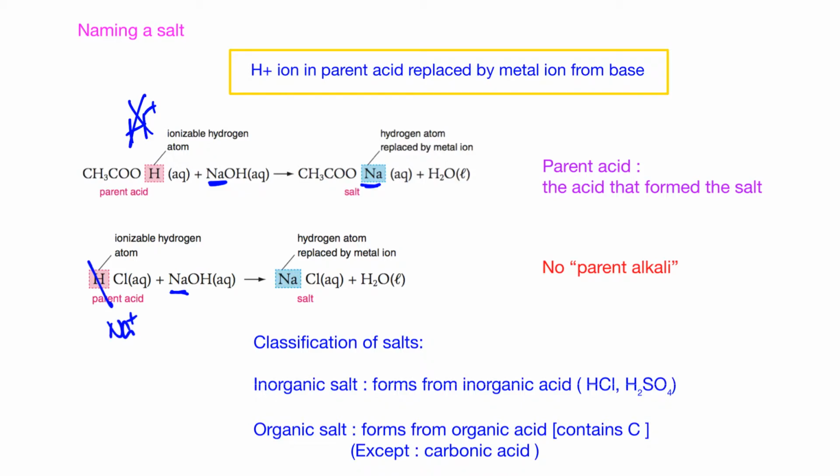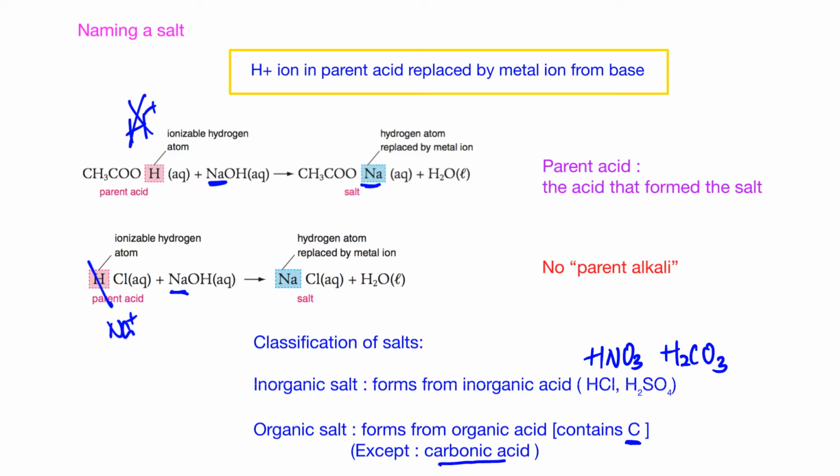Okay, so based on the acid that they are formed from, we can classify the salts into two types. One is called inorganic salt, the salt that is coming from inorganic acid. The inorganic acids that we have learned so far are HCl, H2SO4, HNO3. These are the acids that we have learned before. For example, H2CO3 is also a kind of inorganic acid. If it is an organic acid, normally organic things refer to the things containing carbon.